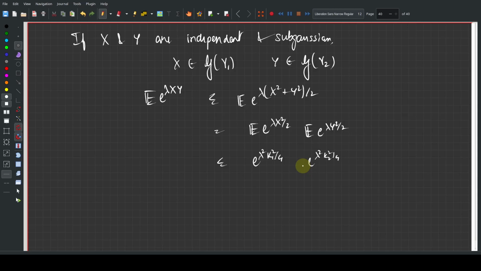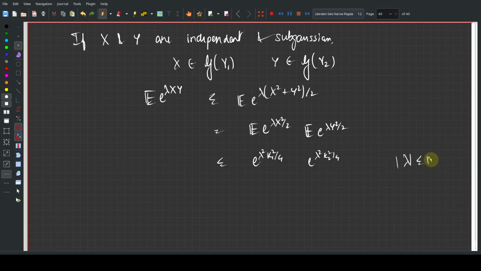It's lambda squared. So this is true for lambda lying in a certain range. Lambda should be less than or equal to 1 by k1, and it should also be less than or equal to 1 by k2.